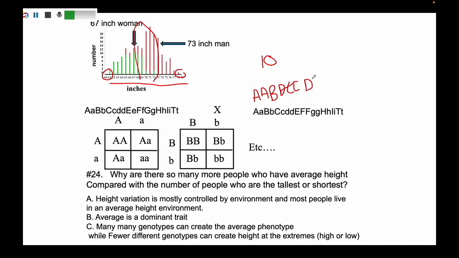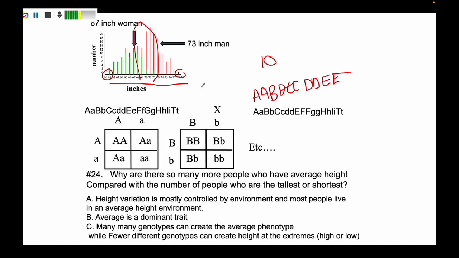What do I have so far? 8, and there's 10. And then the lowercase alleles for all of the other 5 loci or gene pairs. But that's just one of the many ways in which you could end up with 10 uppercase alleles. So there's a lot of different combinations of genotypes that would give you an average or near average phenotype.